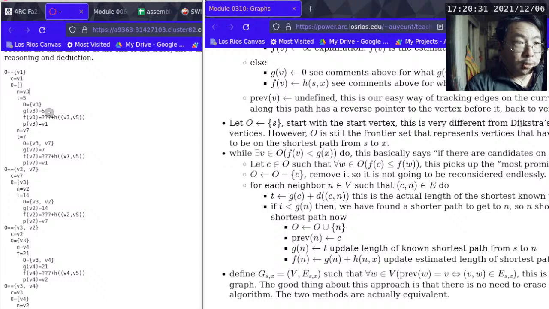So once we know the G value of V2 and we know T is 21, that will tell you the distance of the edge going from V2 to V4, because that's how T is defined: G of C plus D, the distance from C to N. That is how we can establish the edges, and we can also find out all the distances of the edges just from that portion of the trace of the A star algorithm.